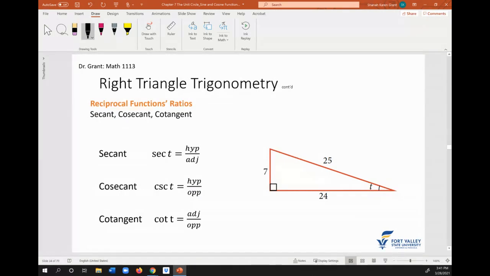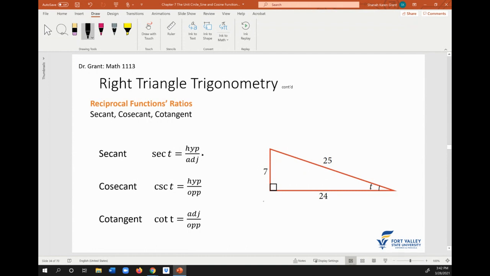Now, those were the first 3 trig functions. They're very common. Usually those are what we're usually using. However, we also have 3 other reciprocal functions. And so these are secant, cosecant, and cotangent. So the ratio for secant of t is hypotenuse over adjacent.